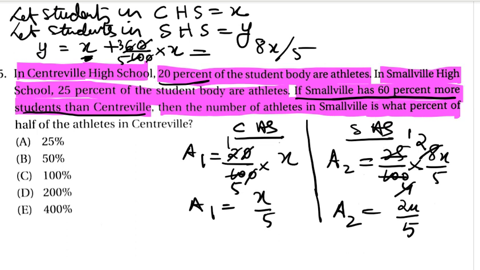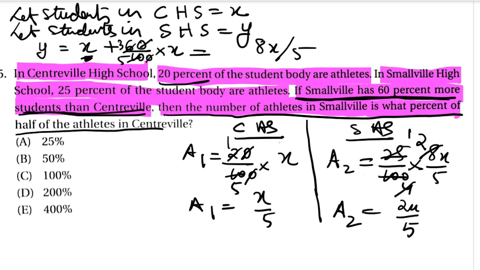Now look at the next part of the question. If Smallville has 60% more students than Centerville, then the number of athletes in Smallville is what percent of half the athletes in Centerville? So half of A1 is equal to half of x by 5, that is x by 10. So now we are going to find the percentage.